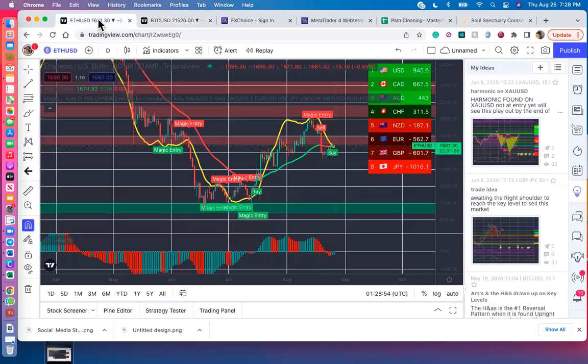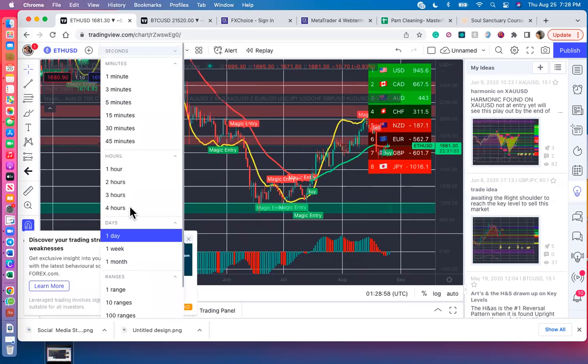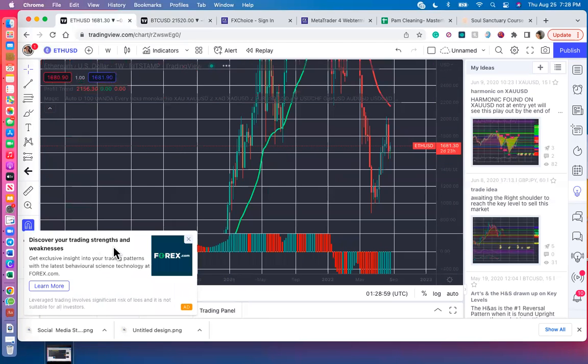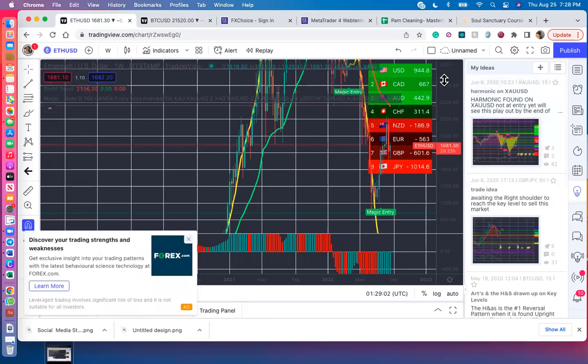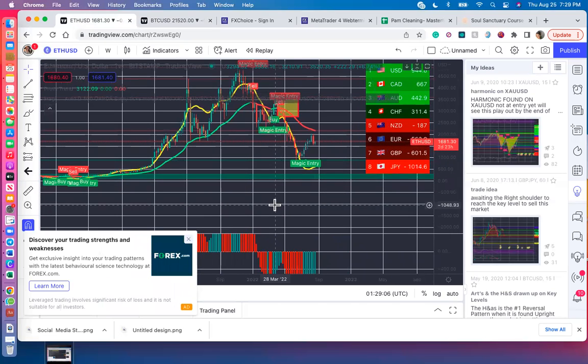Ethereum did. It came back into that supply area. The supply is in between these two red lines. So she came back into this area, but then kind of broke the resistance again right there.